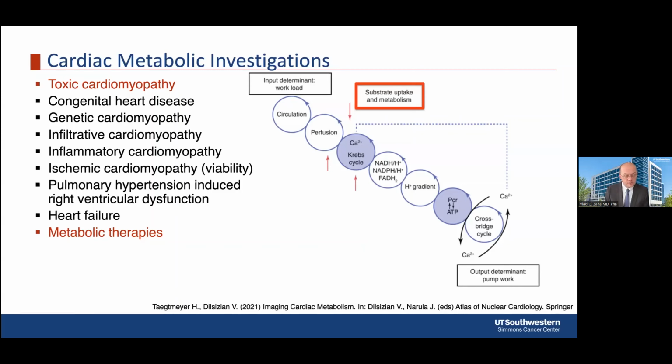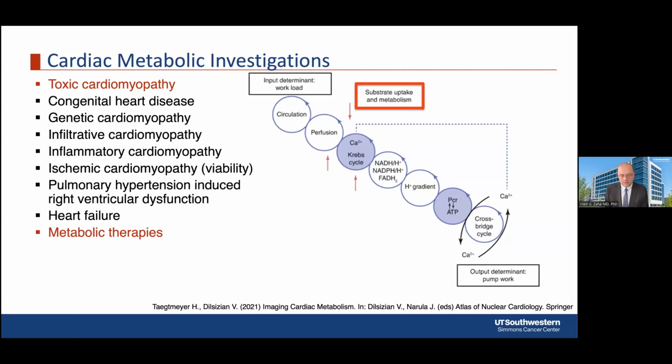And using the information that we learn, we will be able to apply it further, more broadly, in cardiovascular diseases such as congenital heart disease or genetic cardiomyopathies, infiltrative cardiomyopathy such as amyloid, inflammatory cardiomyopathy such as sarcoid, ischemic heart disease, pulmonary hypertension that affects the right ventricle, and more broadly, heart failure.